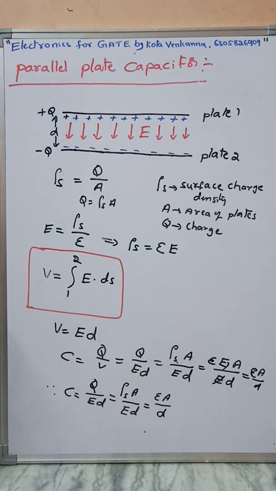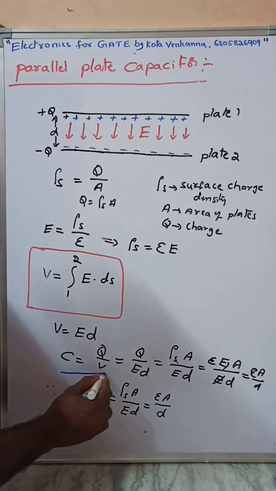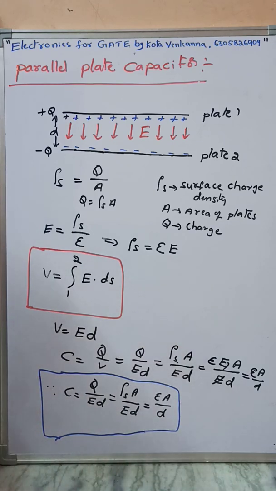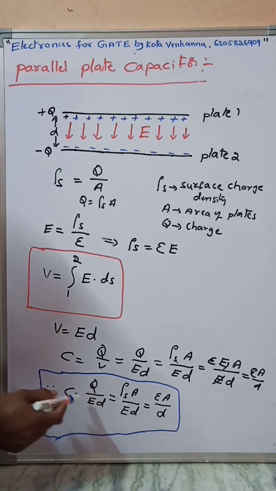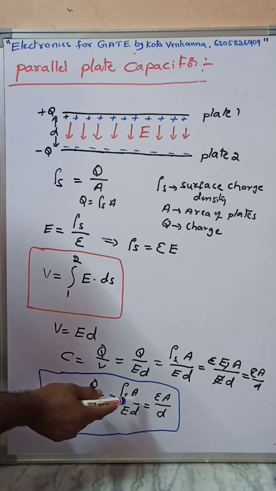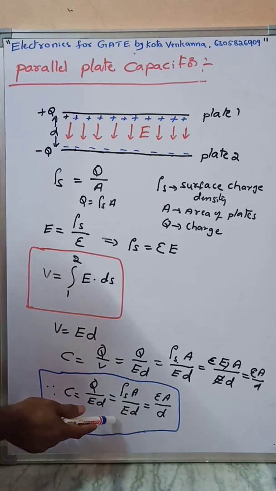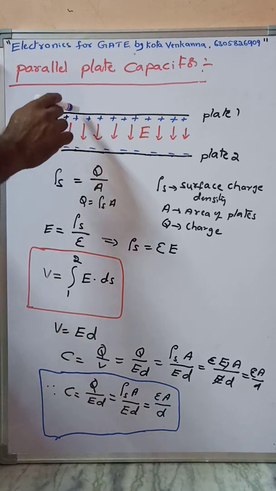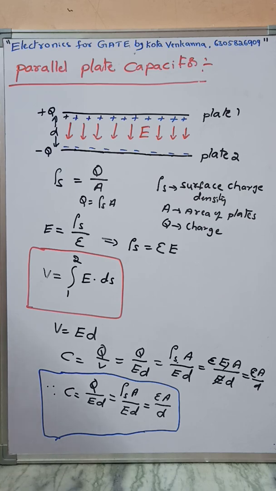Here rho s is the surface charge density, A is the area of the plates, E is the electric field intensity, and small d is the distance between the two plates.